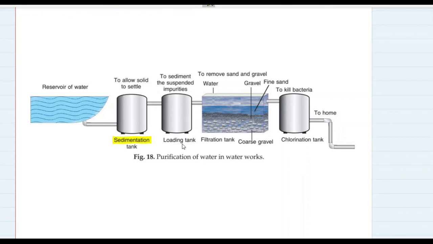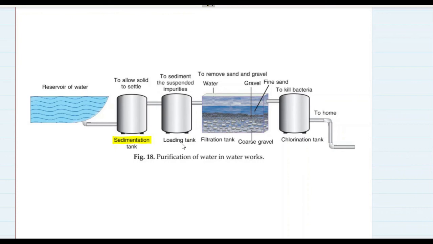of substances. There is fine sand, below that there is gravel, below that coarse gravel. So there are different layers in which the water is filtered, and this filtered water is then brought to a new tank, which is the chlorination tank, where chlorine and disinfectants are added to the water in very small quantities so that it remains potable, consumable for human use, for drinking purposes.